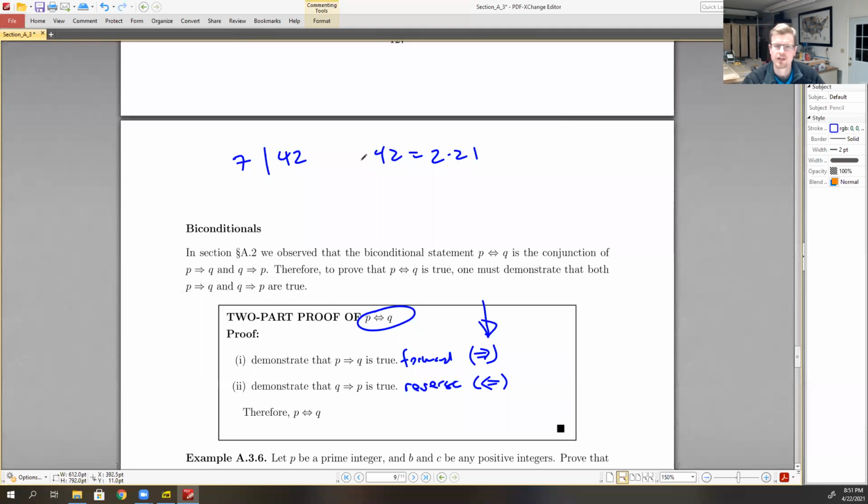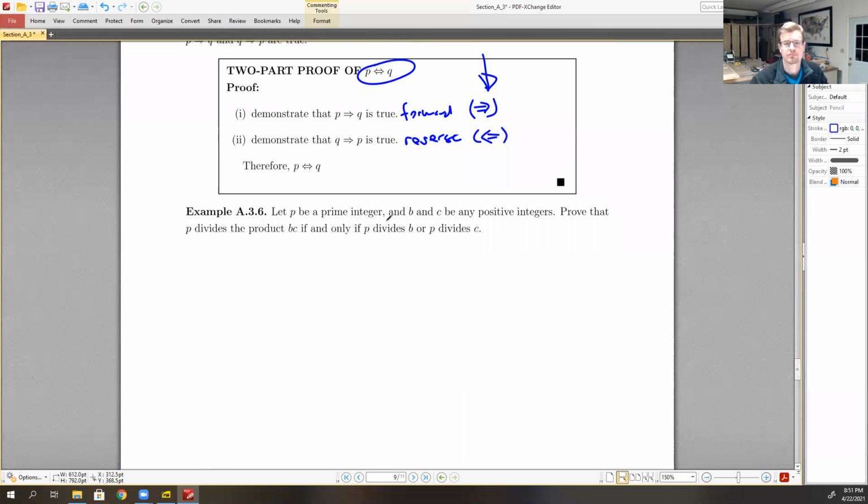So 7 divides 2 times 21. Excellent. So if 7 divides 42, and 42 is 2 times 21, we can clearly see that 7 divides 21. Excellent. And that's all that this is saying. If P divides BC, then P divides B or P divides C.